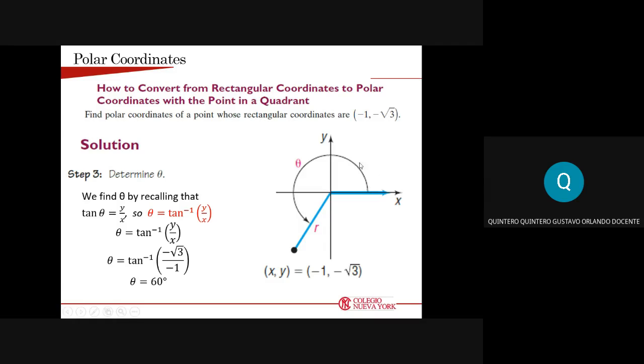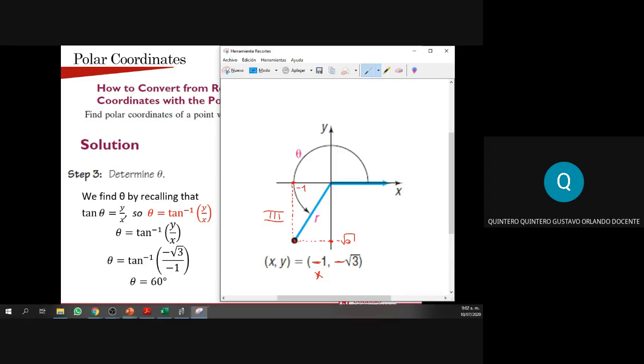It makes sense, the angle is big. But the calculator is telling us the angle is 60. 60 means it's even lower than this. 60 means the angle is around here. This is 60. It doesn't make sense, guys.